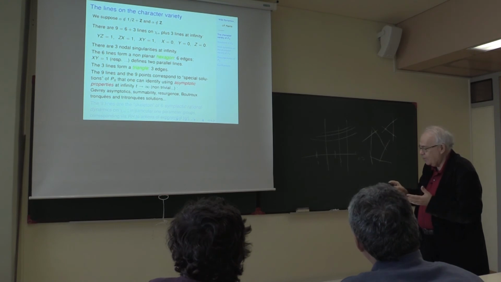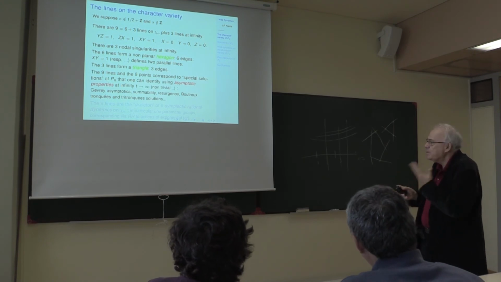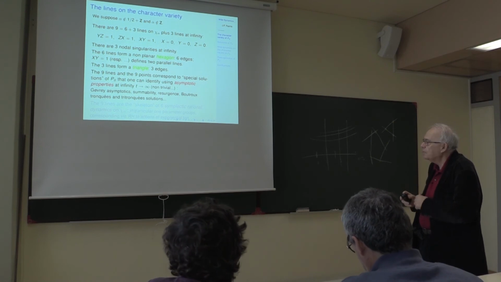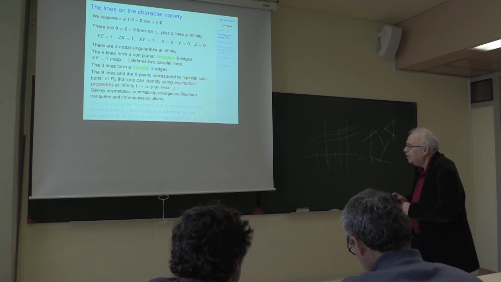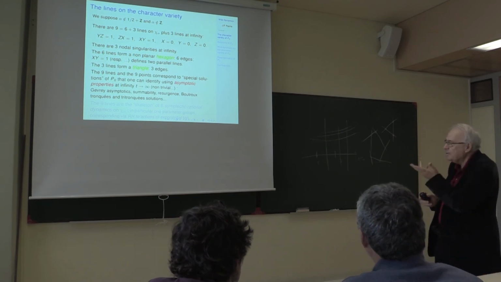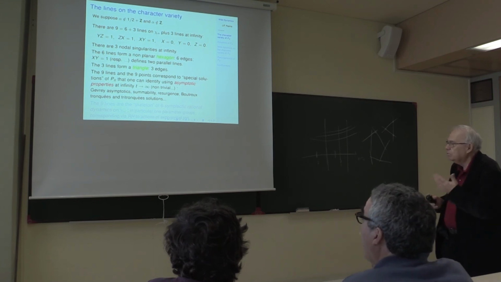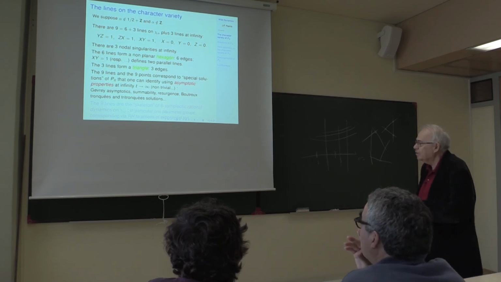The lines and the points correspond to special solutions that we can identify using asymptotic properties of the solutions of P2. And the tools are algebraic asymptotics, summability, resurgence, and also the Boutroux tronqué and tritronqué solutions picture.